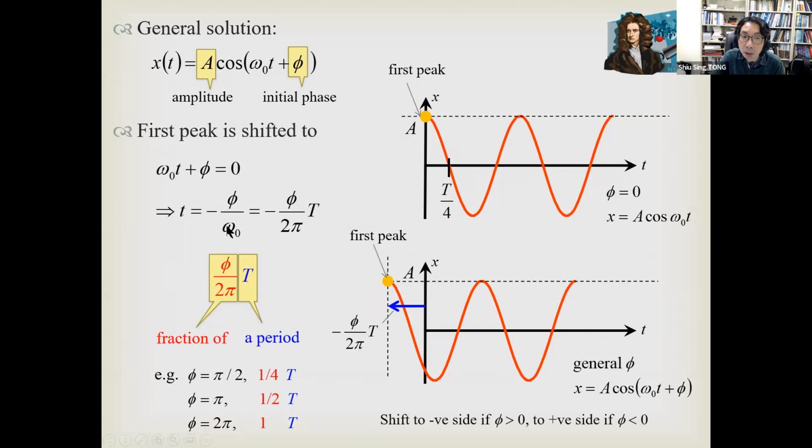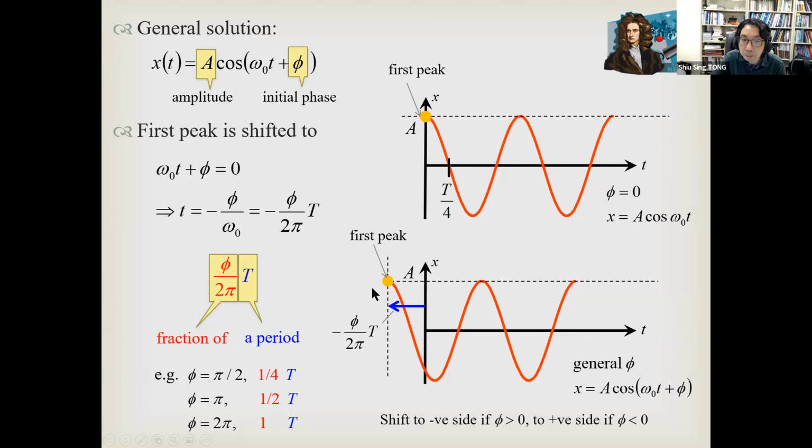Let me be more clear. I can convert this omega naught into the period. Omega naught is 2 pi over the period. So I now find the position of the first peak in terms of the period T: the new position is at the time equal to minus phi over 2 pi times T, capital T, which is here.